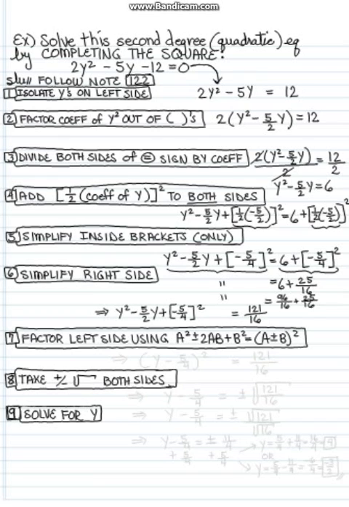Factor the left side using the formula a squared minus 2ab plus b squared equals a minus b parentheses squared. In this case, it'll be minus, because we have a minus sign after our squared term. Now you're going to apply that formula to what we have here, or you're going to just remember it as factoring the left side as parenthesis y plus the stuff in the bracket, including the sign, which is negative, so it's y minus 5 fourths, and then close the parenthesis and raise it to the second power.